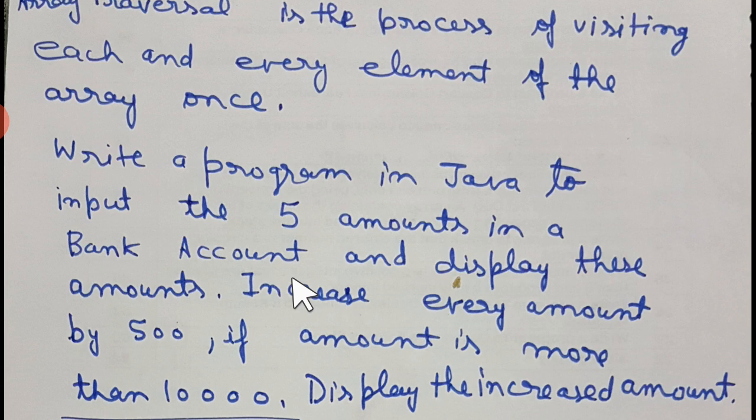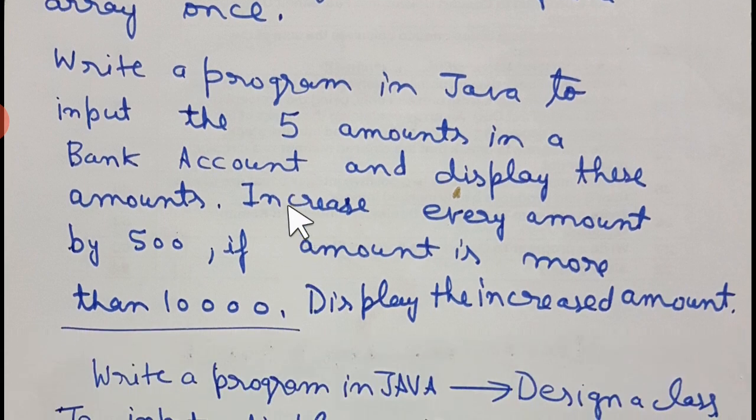After that the real thing begins. It says increase every amount by 500 if the amount is more than 10,000 rupees, and display the increased amounts. That means the array has to be displayed twice, once with the original values and then with the updated values after we have increased them.